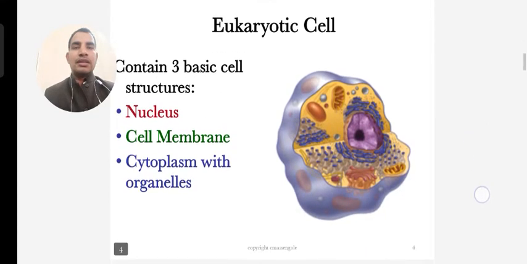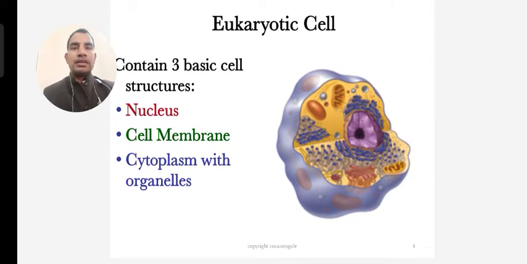Basically, a cell has the following three parts. Number one is the nucleus, second is the cell membrane, and third is the cytoplasm with organelles. These are the major parts of cells, and they have further components.